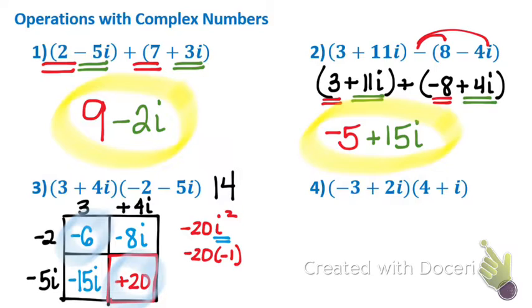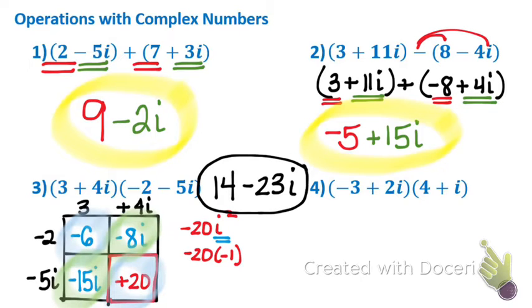And that would be negative 15i and negative 8i. And what does that give you? Negative 15 plus negative 8. Negative 23i. And that is it.